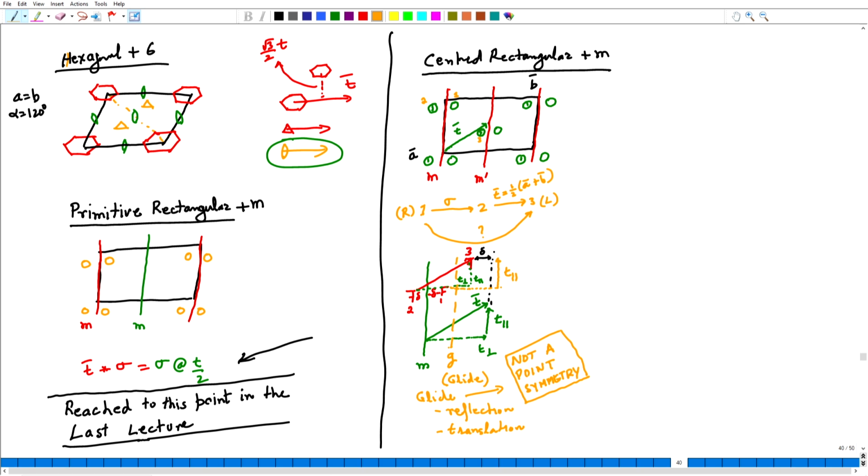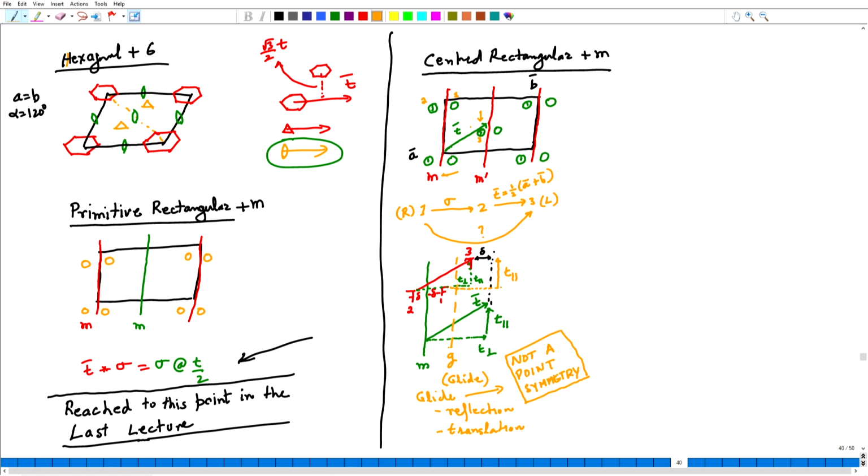So, now where does the glide come in this? In my plane group of centered rectangular in which I have added a mirror, well, clearly this is the mirror and this is the translation which is at an oblique angle to the mirror, not at 90 degrees.